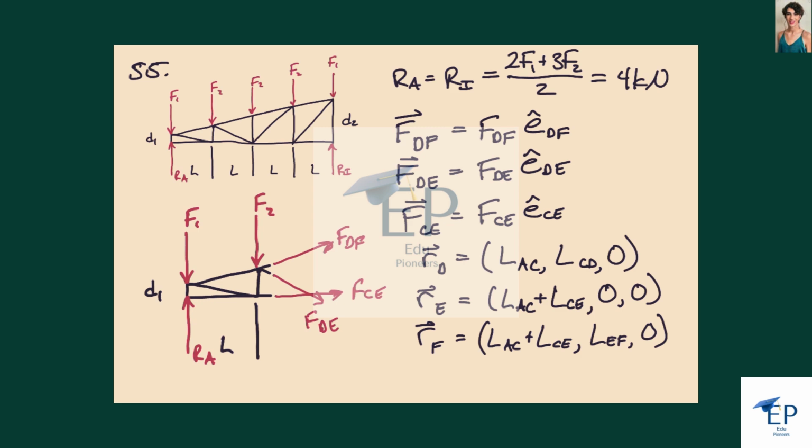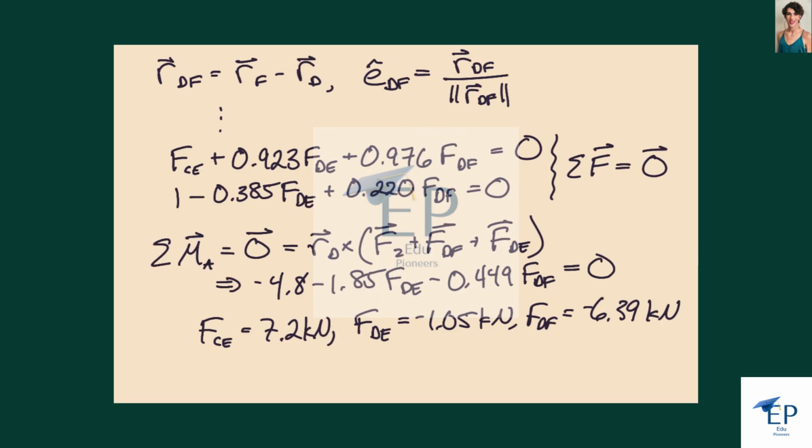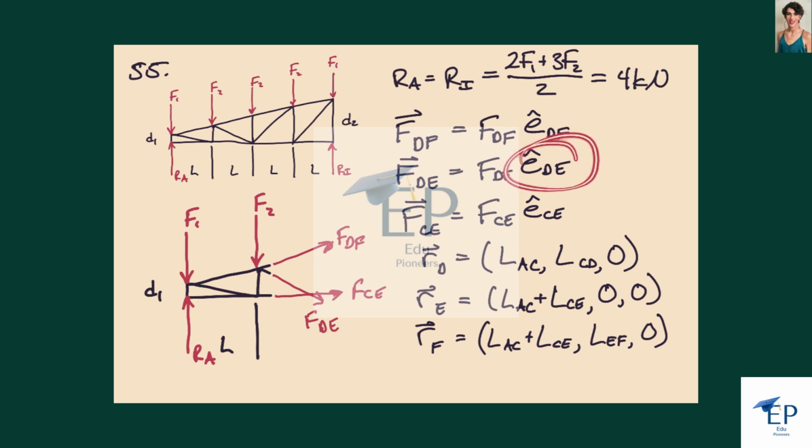For this one, we take the vector to E and subtract the vector to D, which gives us this vector, and then normalize it to get the unit vector e_DE. And then for e_CE, the difference between C, which is just LAC, 0, 0, and E is just this vector here, and normalizing it gives a unit vector in the x direction.